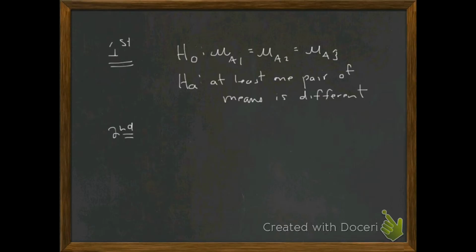Our second null hypothesis is going to be all about factor B. I think there were 4 levels for factor B, and our alternative is that they're not all equal. As our third null and alternative hypothesis, well, let me just put it this way.